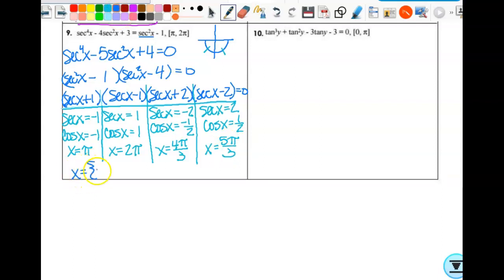I'm going to start with pi, then 4 pi thirds, then 5 pi thirds, and then 2 pi. Okay. Good? What questions you got?